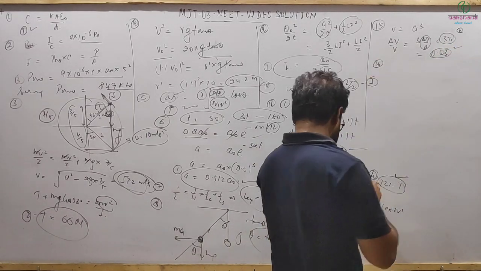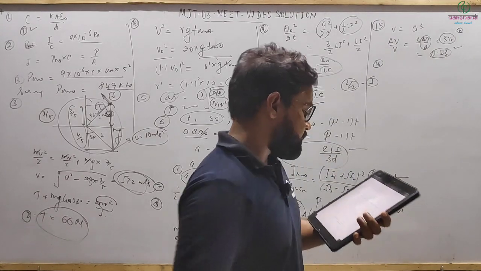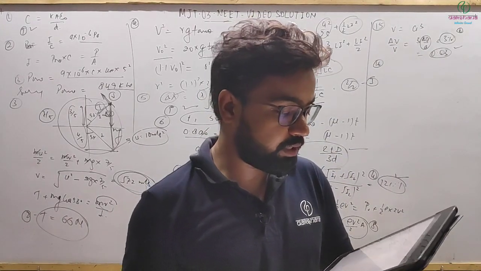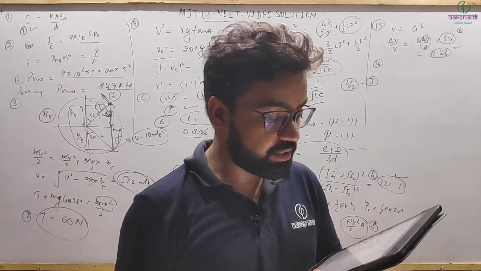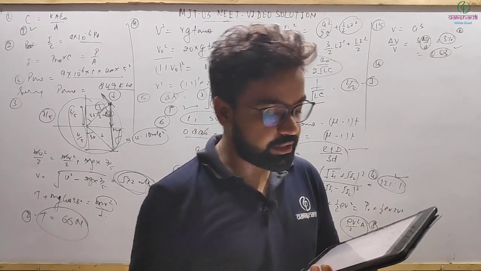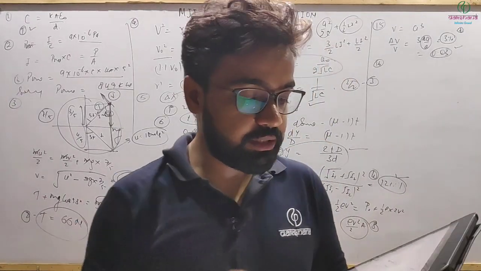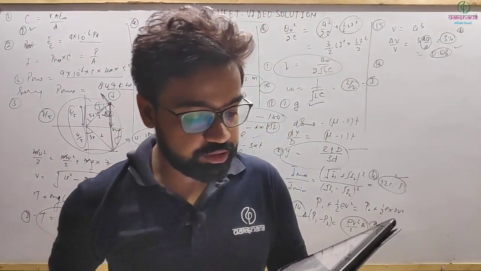Question number 16. A stretched wire emits a fundamental frequency note of 256 Hz. Keeping the stretching force constant and reducing the length of the wire by 10 cm, the fundamental frequency becomes 320 Hz. Find the original length.